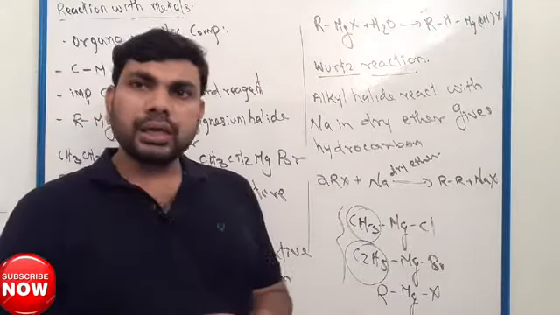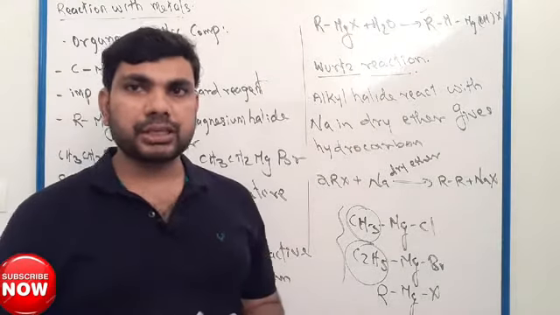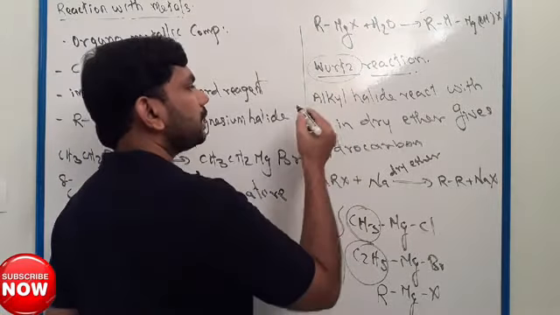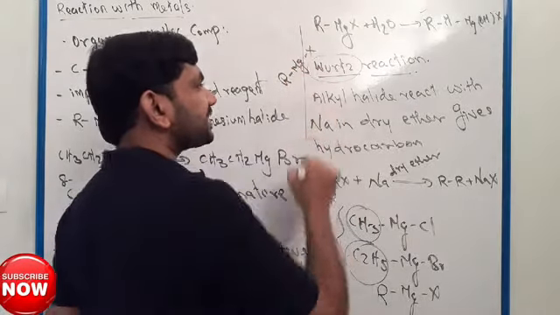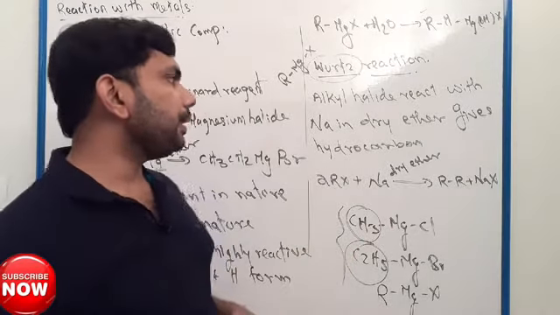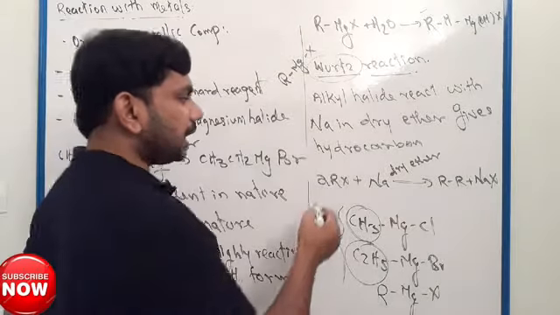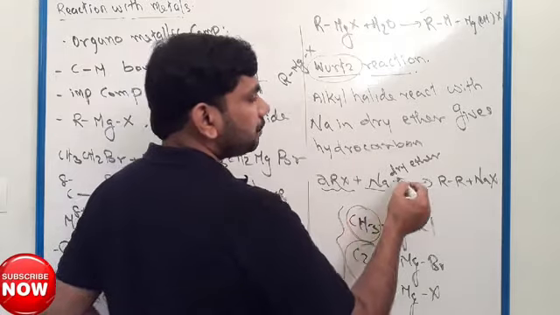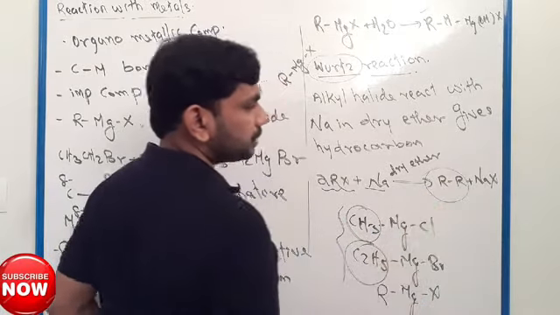Now we have to understand a named reaction, Wurtz reaction. Wurtz reaction is not related with RMgX. Here alkyl halide is reacted with sodium. Look here, this is alkyl halide. Alkyl halide reacted with sodium in presence of dry ether, a hydrocarbon will be formed.